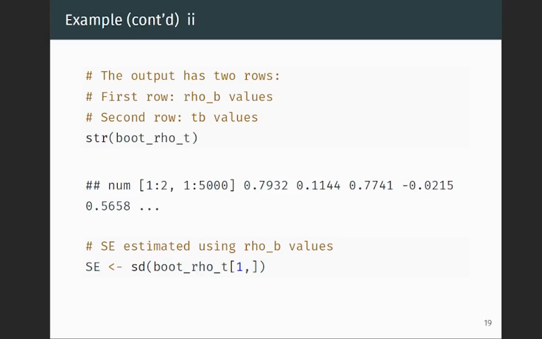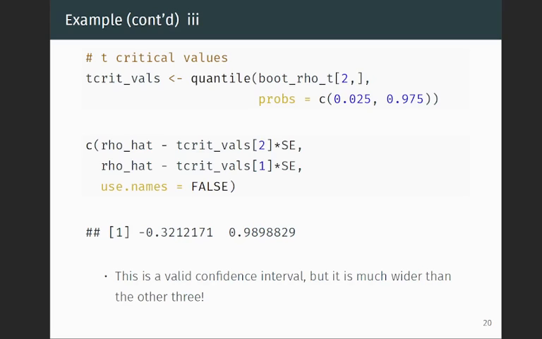So from the row B values, we can estimate the standard error that we would use for the standard normal bootstrap confidence interval. And from the second row, we can compute the T critical values. And so at the top of the slide here, I'm computing T crit vals using the sample quantiles.